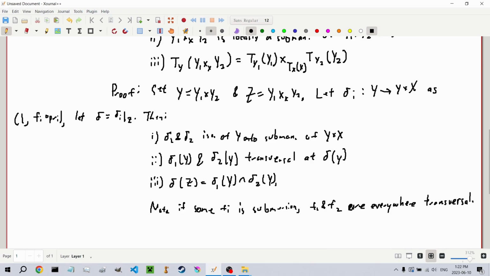And our last construction is closely related to this, more just a side note, which is on mixed transversality.